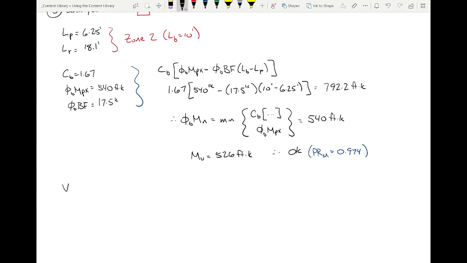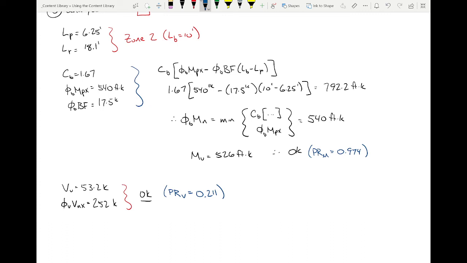Now, for shear, VU is 53.2 kips. What is phi VN? 252. Is it good? Yeah, it's good. If you want its performance ratio, it's 0.211.